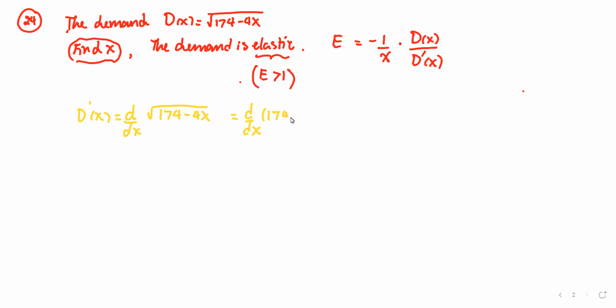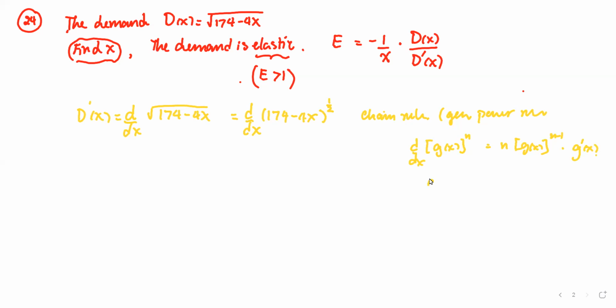We're going to write it in power form. The square root means the power 1/2, and we're going to use the chain rule or the general power rule, which we use all the time. With the quantity g of x to the power n, the derivative is n times the quantity g of x to the power n minus 1, multiplied by g prime.